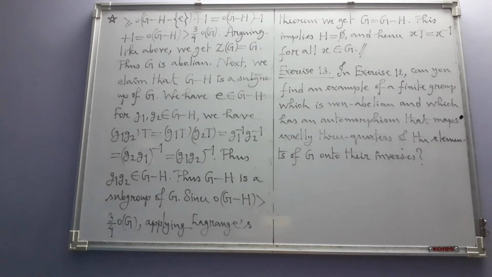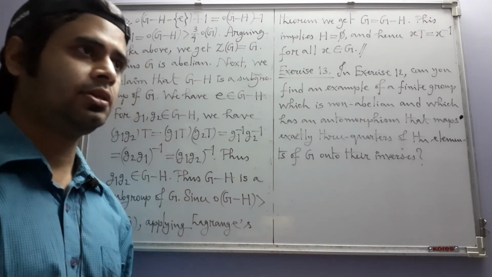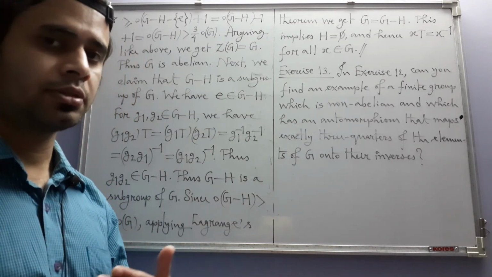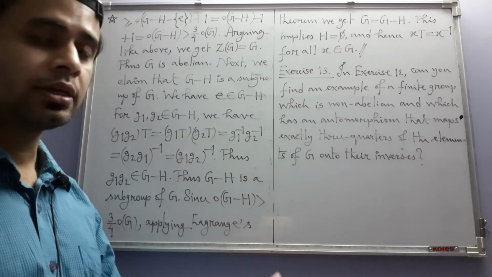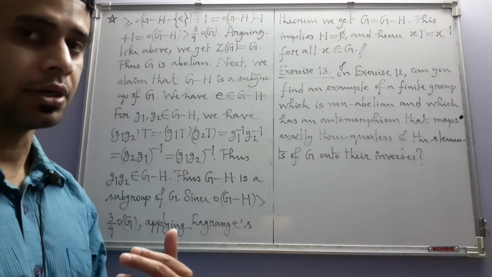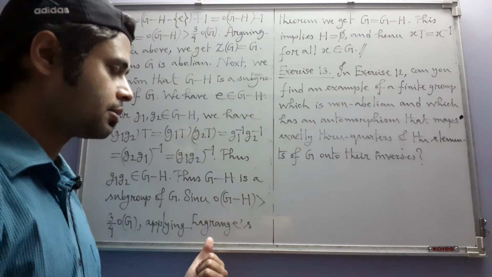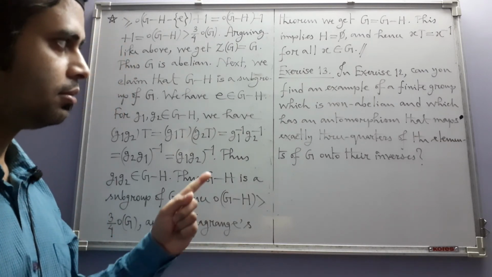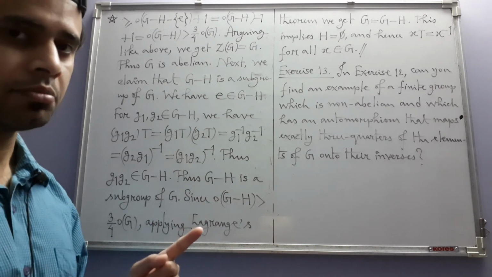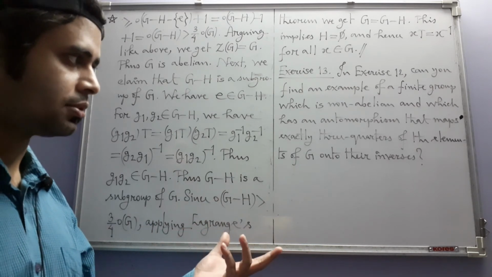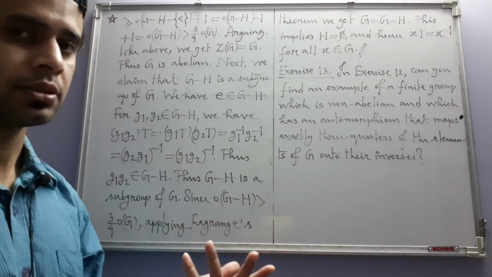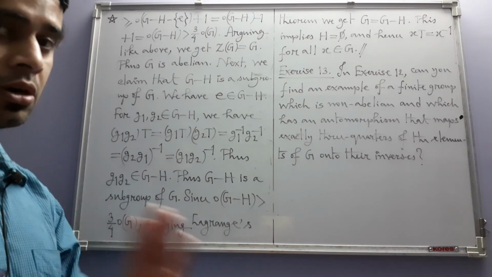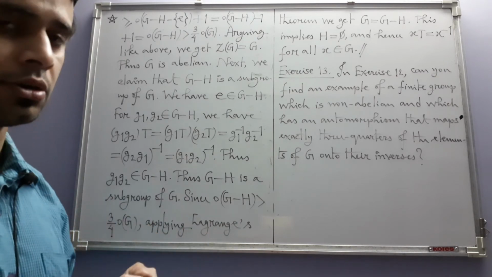Okay, so the previous exercise says that if the mapping takes the elements onto their inverses more than 3/4, then the group must be abelian. However, can we find an example where this happens for exactly 3/4 of the elements and the group does not become abelian, it stays non-abelian?